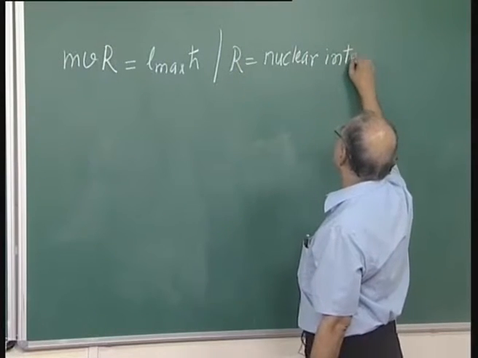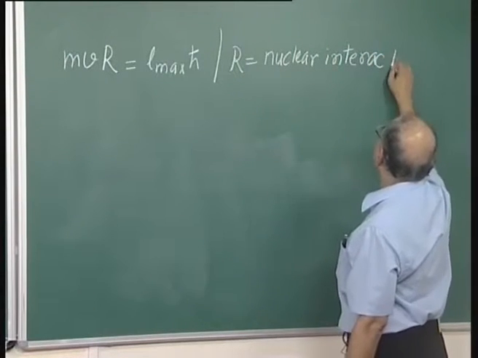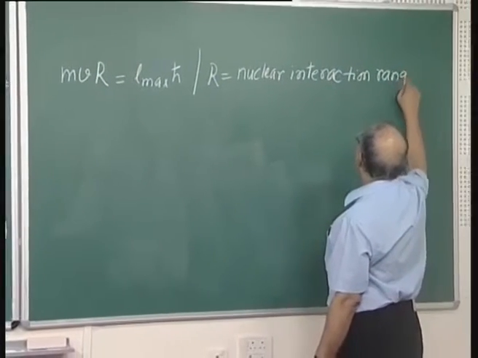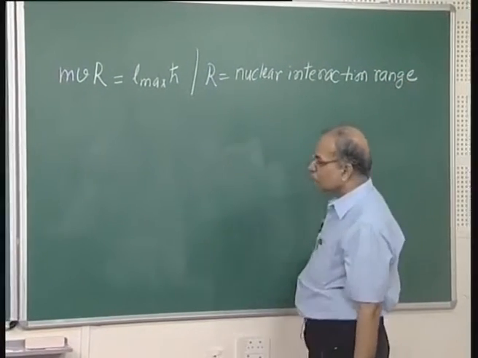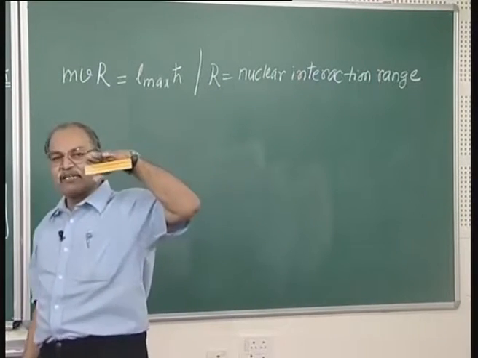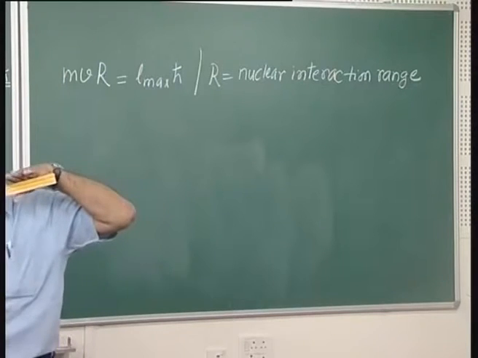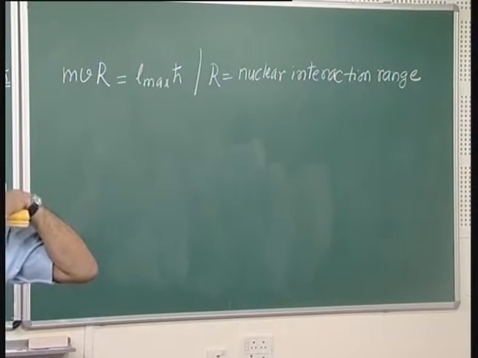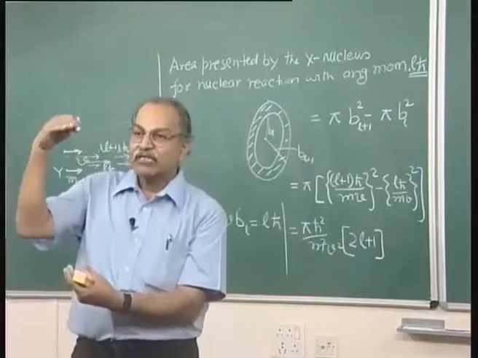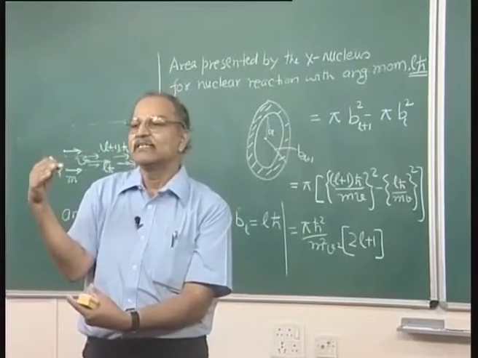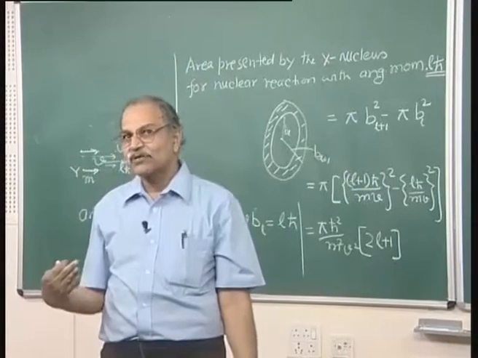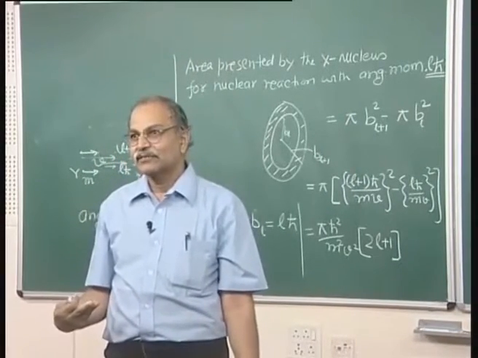nuclear interaction range. So, up to this L max, if I consider starting from 0, what I get is the total area presented by this nucleus for nuclear reaction, and that is the total cross section for this reaction.